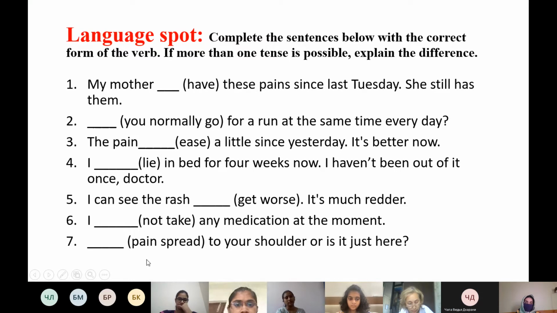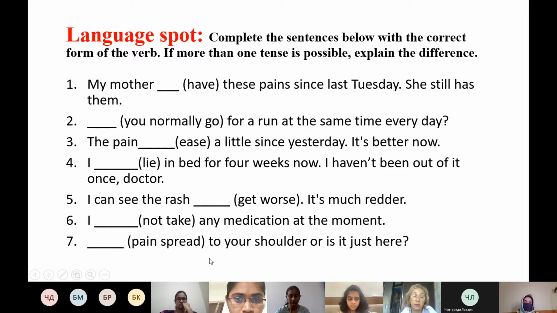And the last one is Lahari. Number 7. The pain is spreading to your shoulder. You suggest to use continuous, yes?